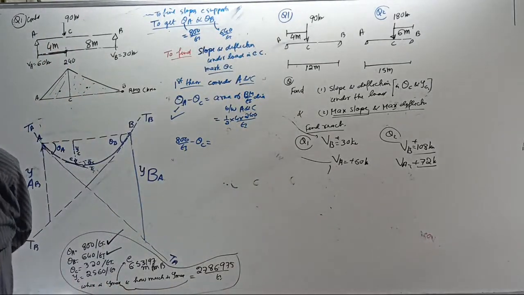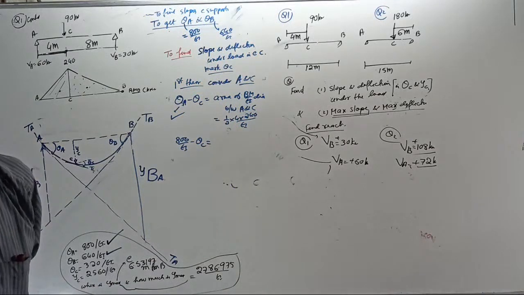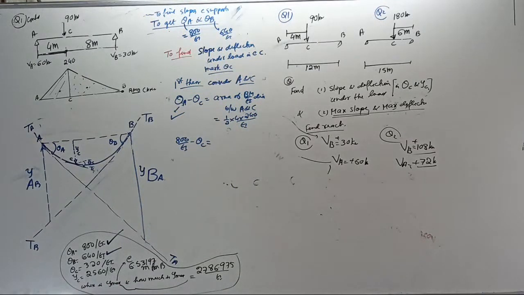What is the answer? Fast. I want to finish both questions so that tomorrow we can do Y maximum, because for Y maximum I will explain on the full board. It is an important concept. The answer is 480 by EI.